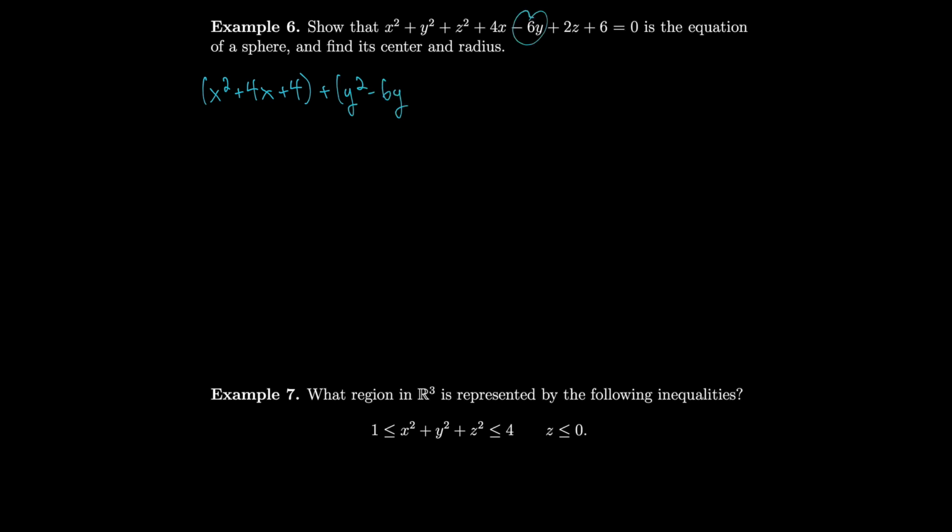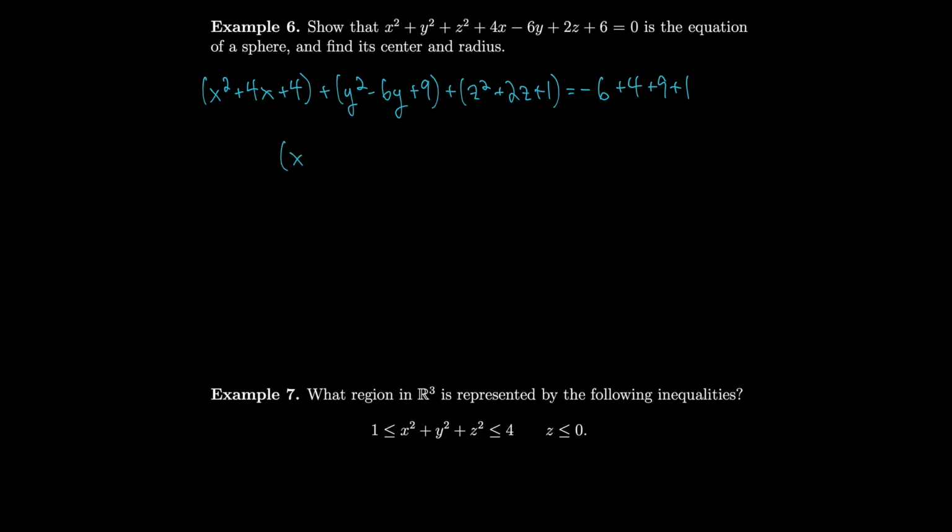So we'll have to add negative 3 squared, so we'll add 9. And then we've got z squared plus 2z, so we'll add half of 2 squared, which is 1. And we were equaling this negative 6. So we'll have to add everything that we added. So we added 4, we added 9, and we added 1.